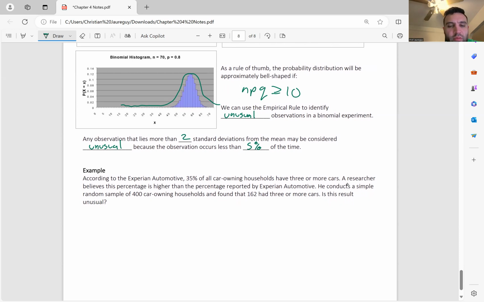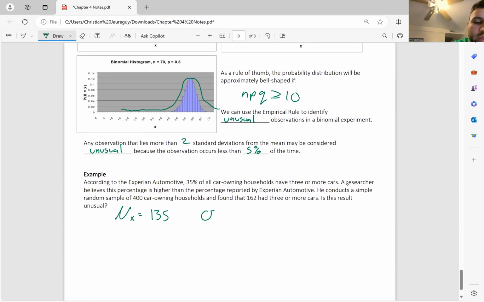So let's check this out. Hey, we got that same situation from earlier. We sampled 400 cars, and we know that mu sub x is 135, sigma sub x is 9.5. And we got to check, hey, is 162 an unusual amount of households to have so many cars?